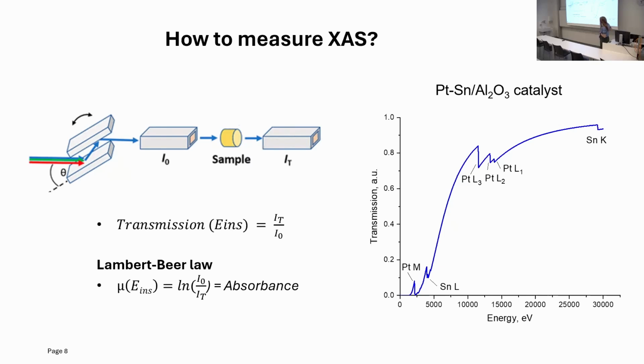You can see that at certain energies there are thresholds appearing, which correspond to the absorption edges of platinum and tin. And by applying the Lambert-Beer law, you can measure the absorption coefficient as a function of energy. This is the basic principle of how to measure X-ray absorption spectra.